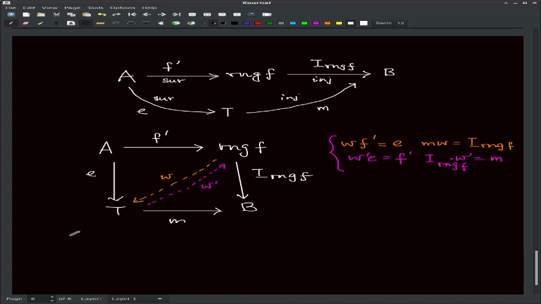So F prime is equal to W prime E, which is therefore W prime W F prime. Right?